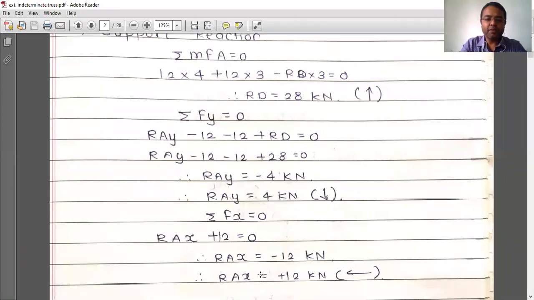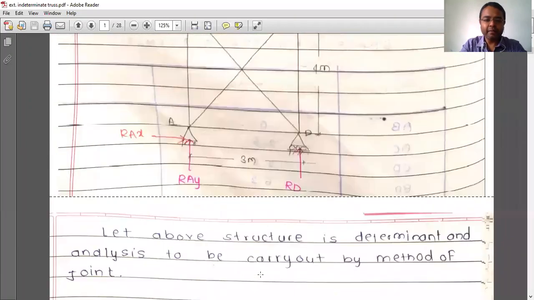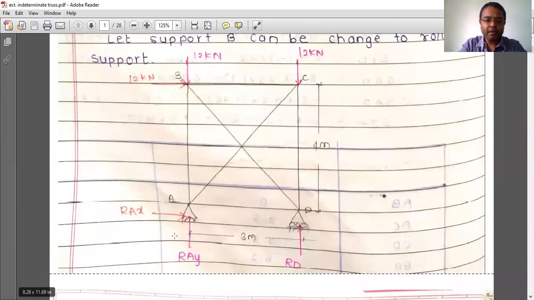So actually if you observe this given diagram, here this 12 Newton force is the horizontal force going towards right. That's why, to balance or to be in equilibrium, the RAX must go towards the left side. This 12 Newton force is going towards the right side. That's why RAX must go towards left side.